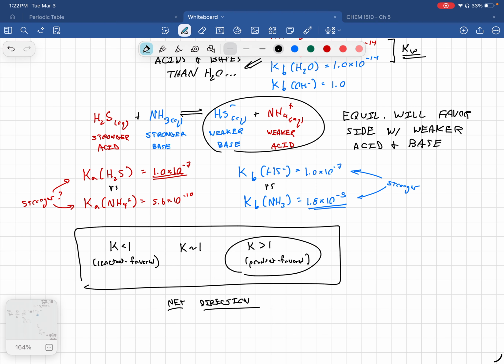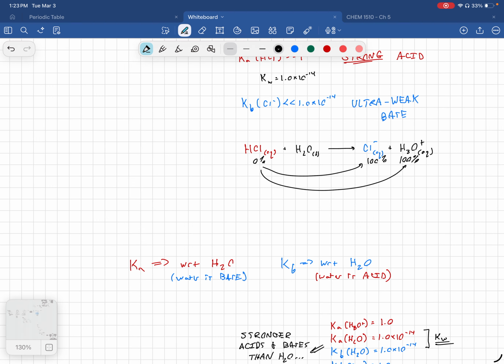So NH3 and HS minus would both be present, but H2S would rather give its proton to the stronger base, NH3. Okay, and so they are much more reactive with one another than NH4 plus and HS minus are with one another, and thus there will be more of HS minus and NH4 plus in solution at equilibrium. Since they are on the product side, this is a product favored equilibrium.